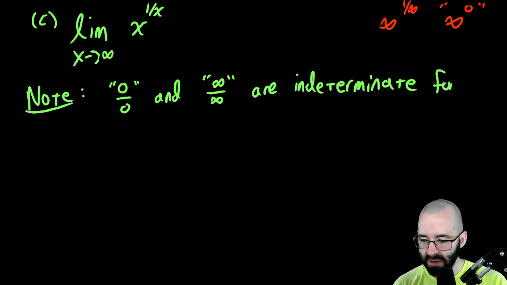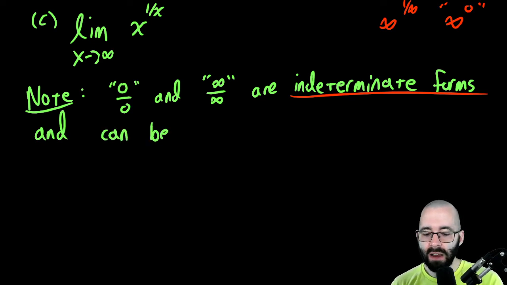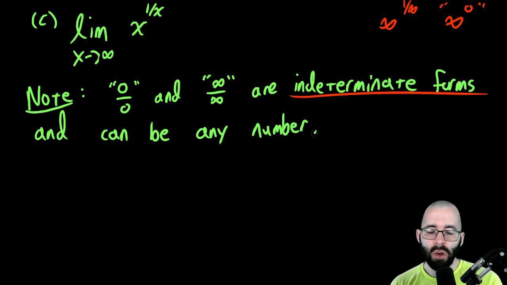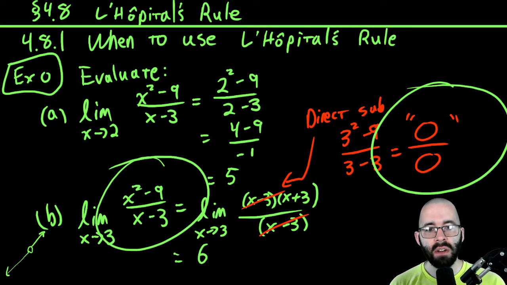They can be any number. 0 over 0 doesn't simplify to 1, for example. In fact, over here, 0 over 0 simplified to 6. This is an indeterminate form.